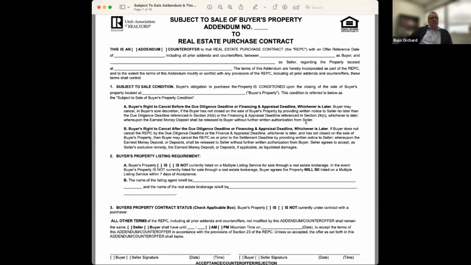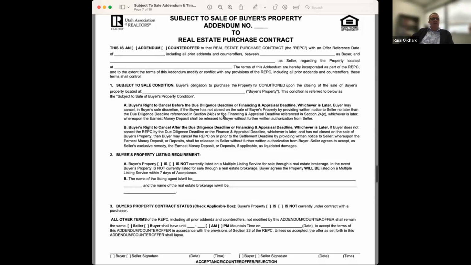So if they cancel before due diligence or finance and appraisal, earnest money goes back to them. They could cancel for really, again, any reason, just buyer's sole discretion. They decide, hey, I want to cancel the property. They can cancel this contract, get their earnest money back.